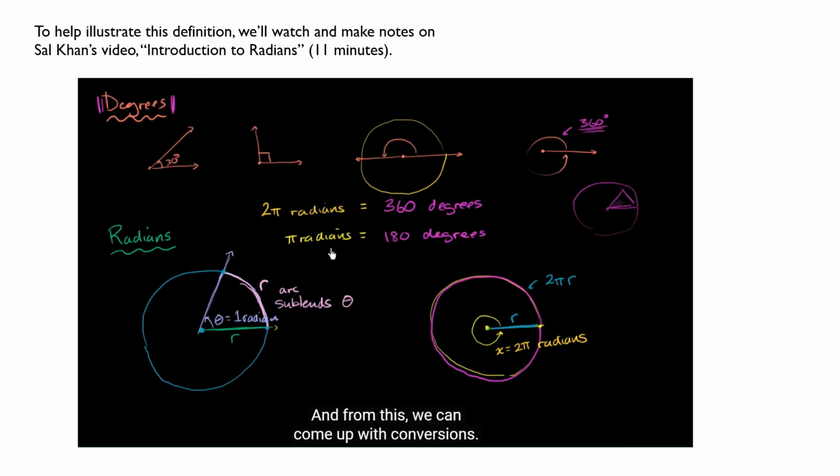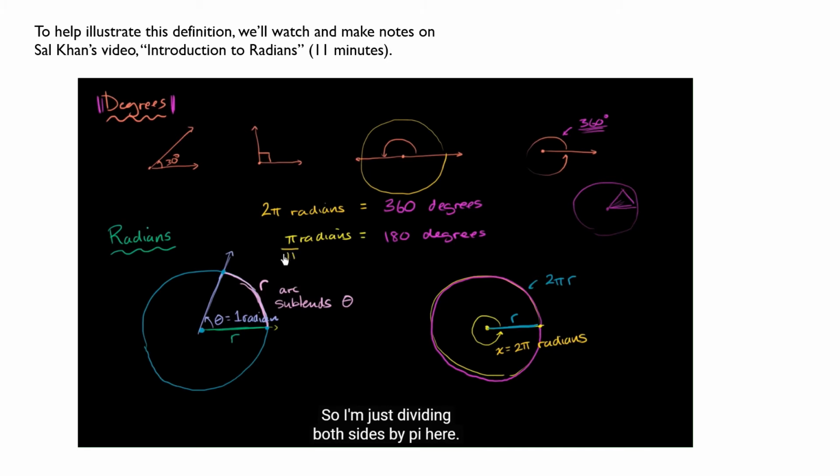And from this, we can come up with conversions. So 1 radian would be how many degrees? To do that, we would just have to divide both sides by pi. Let me make it clear what I'm doing here, just to show you this isn't some voodoo.